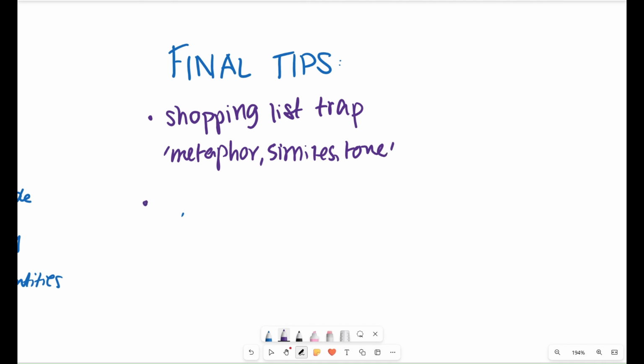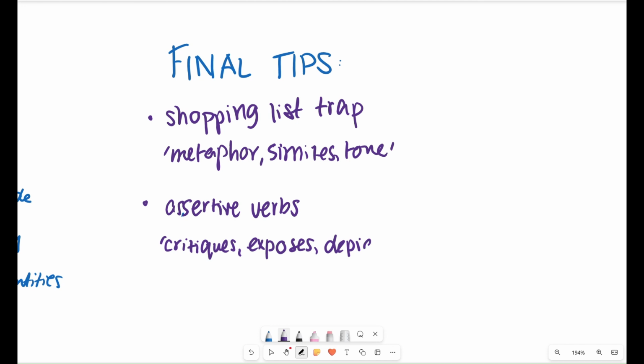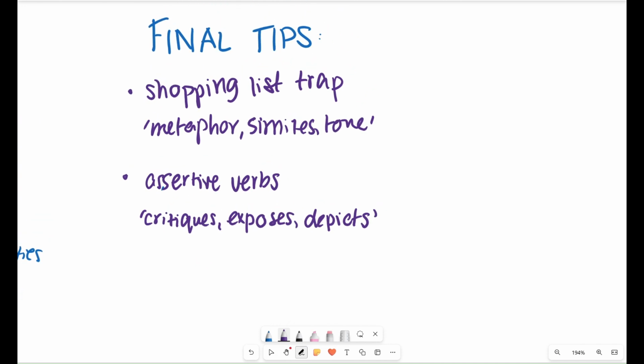One other tip I have is to use assertive verbs. So what do I mean by that? I mean, talking about how the author critiques, or the author exposes, or the author depicts, etc. I'm sure you can come up with far more than I have.